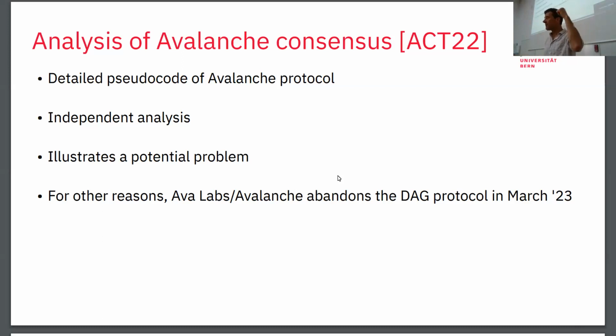This DAG protocol was abandoned by Avalanche, and now they build a chain. They no longer build a DAG, which had to do with other reasons, yeah? But it's interesting because it raises other interesting questions that we are looking at in work that is currently going on, based on this work that came out last year.